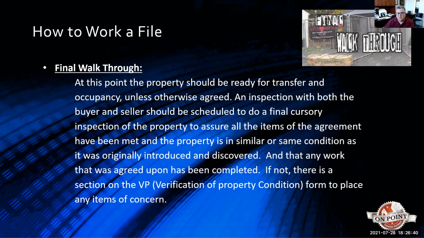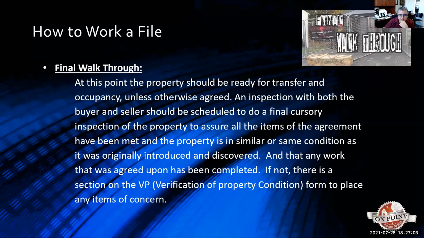And that was a mouthful, but I'll be honest with you. Some people get this confused with it being another inspection. It's not another inspection. Typically at this point, the contingencies have already been removed, meaning that the buyer can no longer cancel, okay? And neither can the seller for that matter, okay?